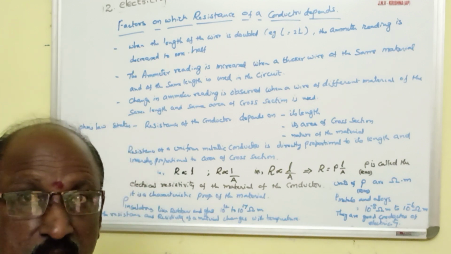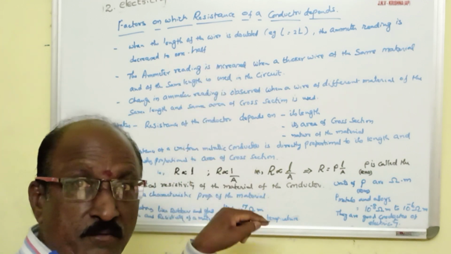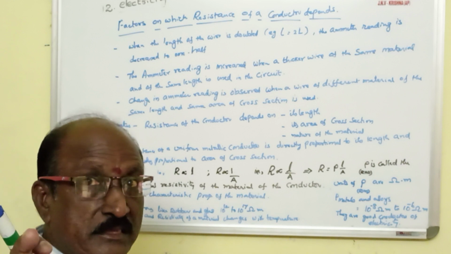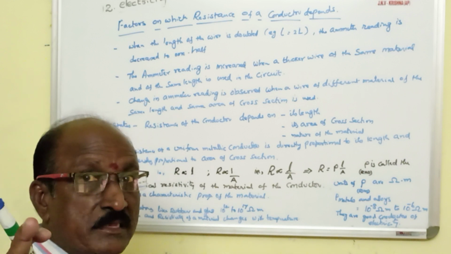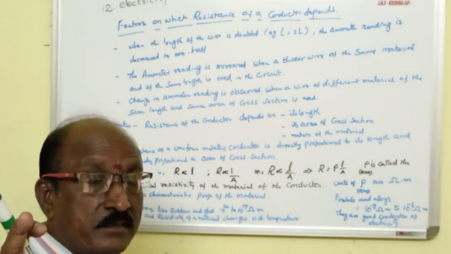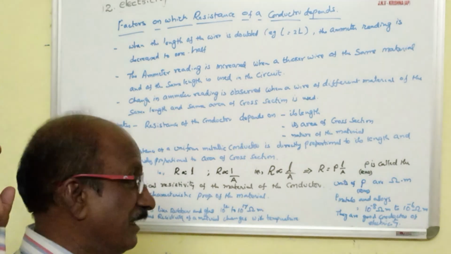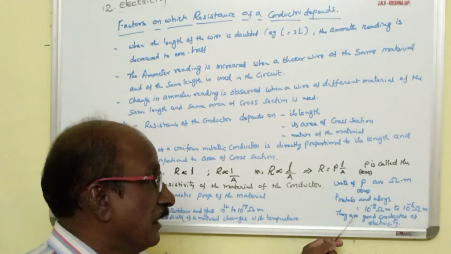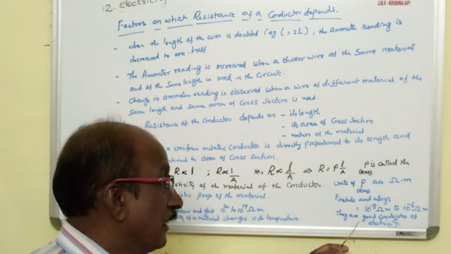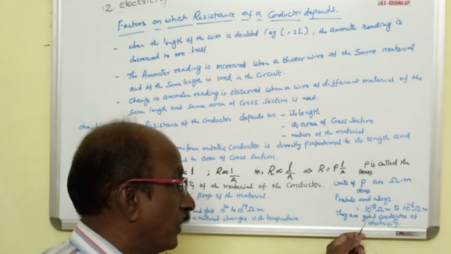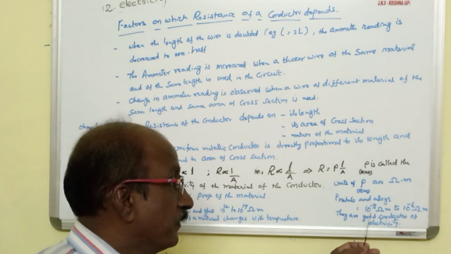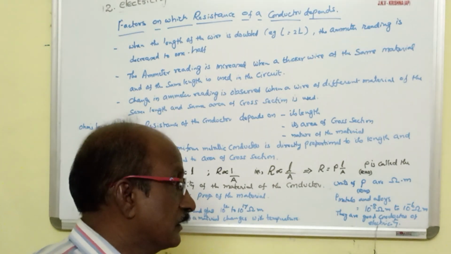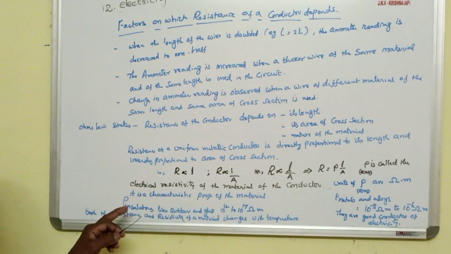Electrical resistivity. That's what we are learning from this concept. The electrical resistivity of metals and alloys is in the range of this much, and hence they are good conductors of electricity.